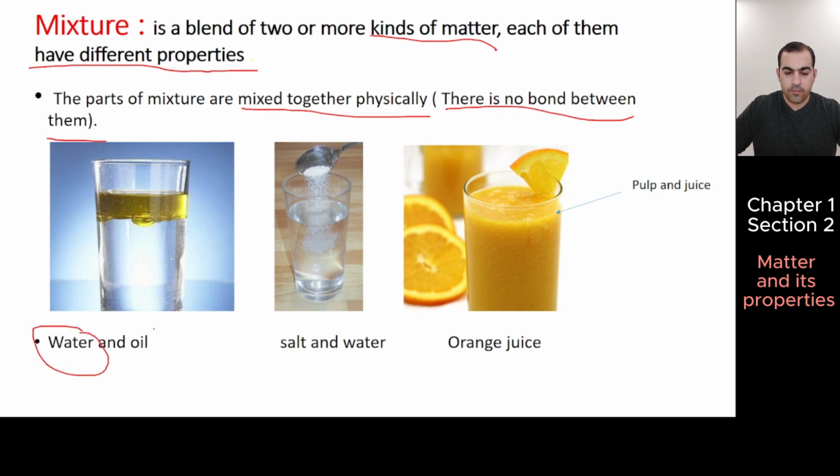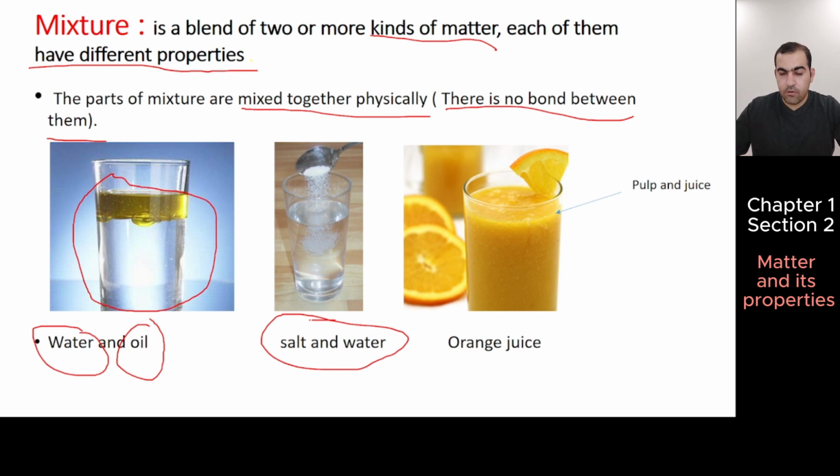Like water and oil. When we mix these two liquids, it is a mixture. Oil and water have different properties, but there's no bond between them. We can separate them easily. Salt and water: salt dissolves in water, right?